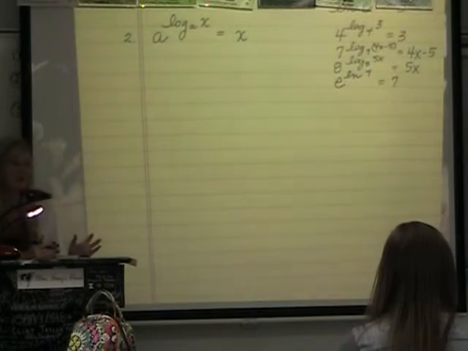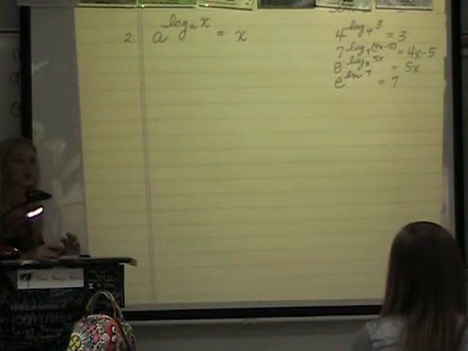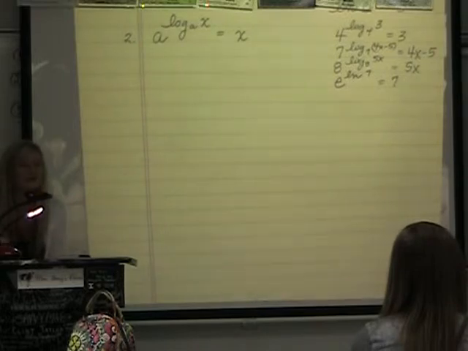For some of you this may be the first time that you've seen the properties, so we're going to crawl before we walk. Next time in 4.6 we'll actually use these properties to help us solve some problems. But for right now, in this section, we're really just practicing using the properties. We're not applying them yet.